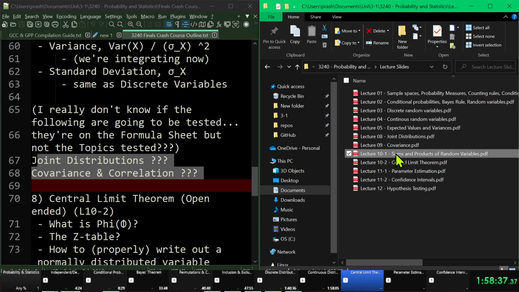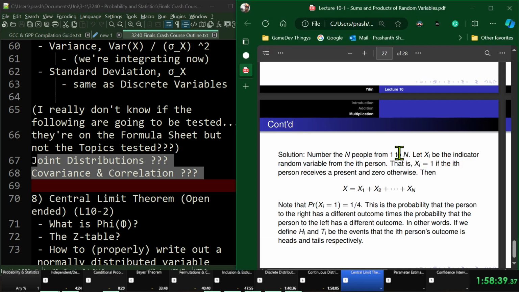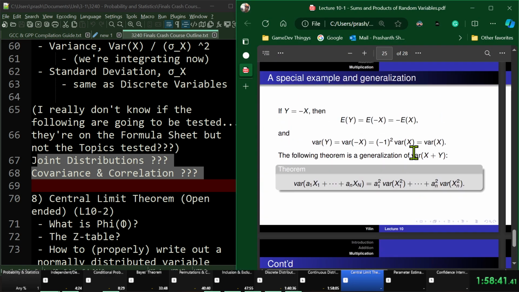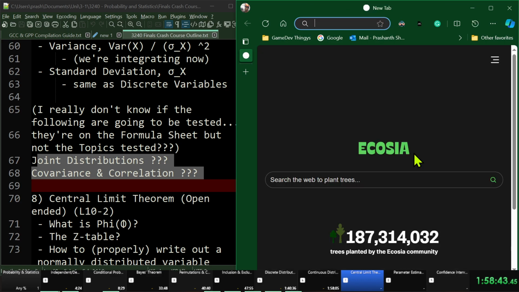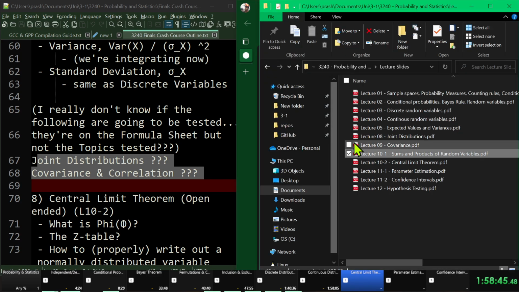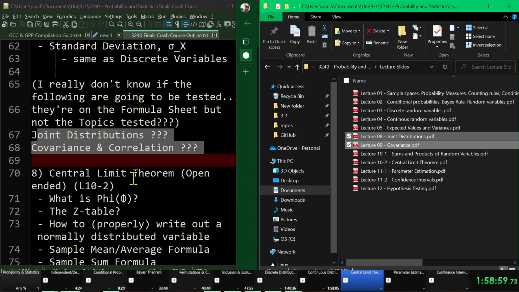But this is just how to add stuff. I think this is still okay to look at, but it's not really a main topic. It's these two. So this and this aren't mentioned in the topic sheet at all. So I'm just not going to cover it. I don't think it'll come out. If it does come out, I don't know why she skipped it in her topics list.